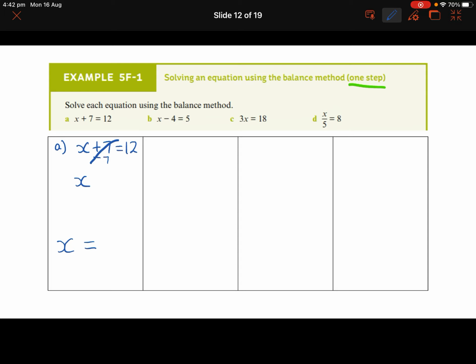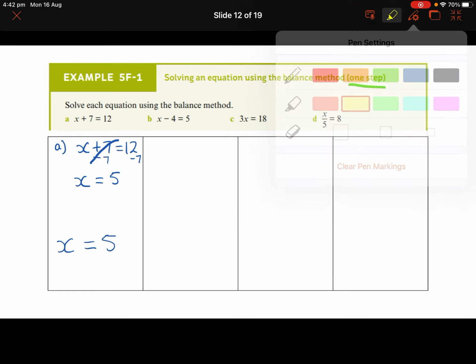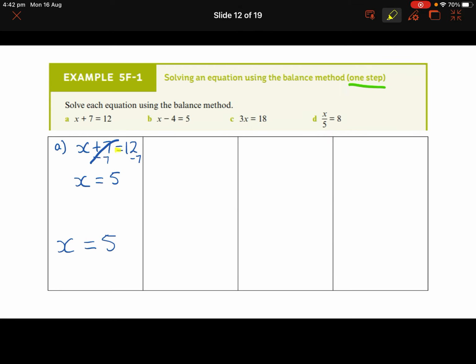However, we want to keep the equation balanced. So because we subtracted 7 on this side of the equal sign, we must subtract 7 on the other side. So we've got to keep our equal sign there. 12 minus 7 is 5. Okay, so we know x equals 5 from doing that. Just to highlight, this is our equal sign, okay? It always stays the same, stays there.